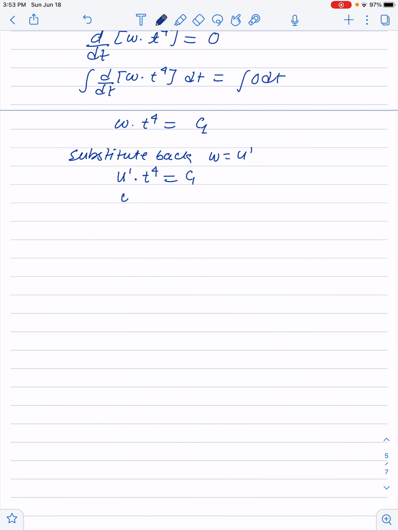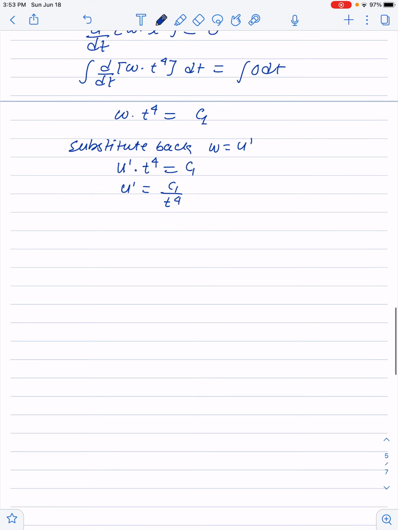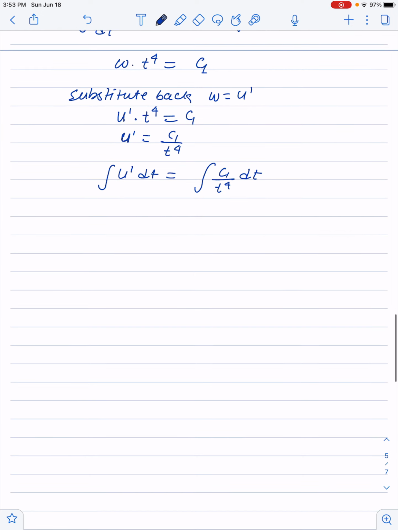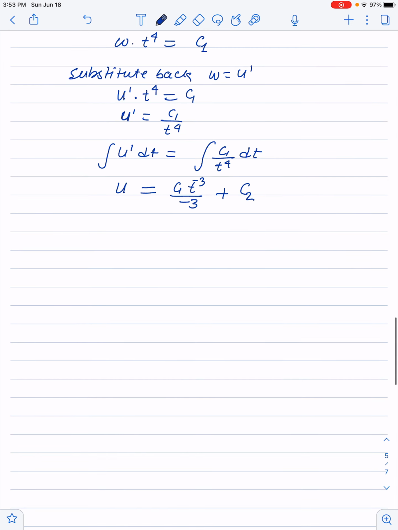So u prime will be c1 over t to the 4, so you can divide both sides by t to the 4, and now you can find the value of u by integrating both sides with respect to t. On the left side it will be just u, on the right side c1 times the integration of 1 over t to the 4, which will be t to the negative 3 over negative 3. You can use the power rule for integration, plus a constant.